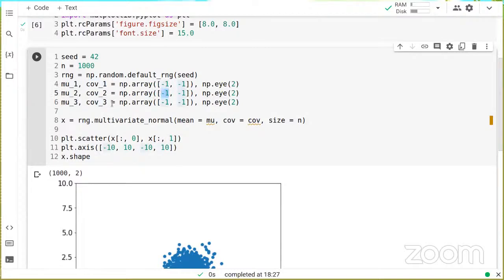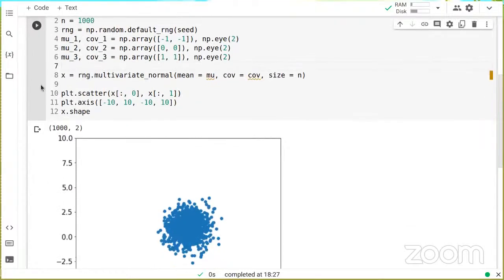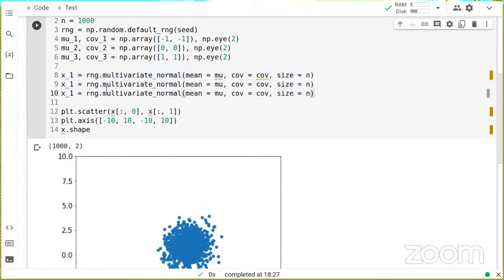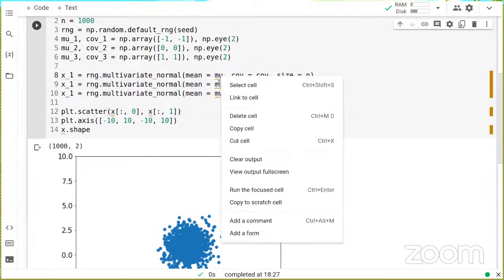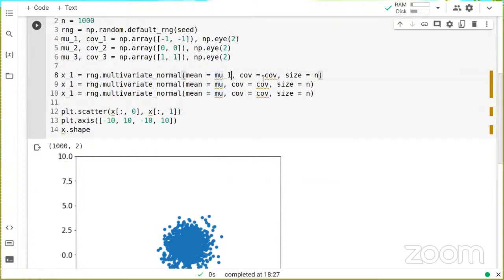Let's say this is at 0 comma 0 and this one at 1 comma 1, right? So now I'll end up generating x1, x2 and x3. Let this be mu1, mu2, covariance 1, covariance 2 and covariance 3, all with the same number of data points, right?